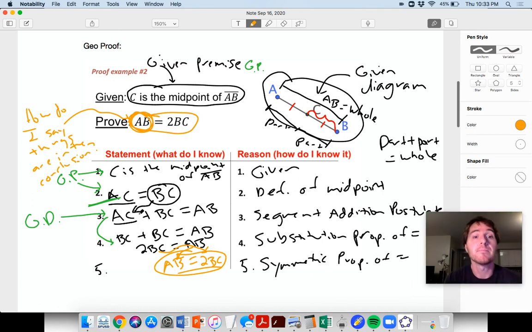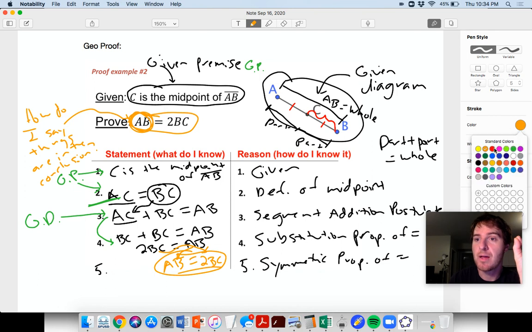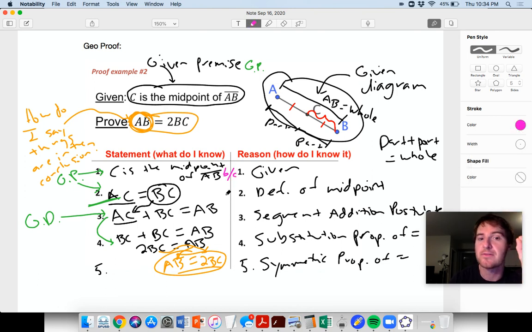But also from our given diagram, we know that AC plus BC equals AB, part plus part equals whole, and the justification we give for this is the segment addition postulate. So remember, we can think of our statements as being kind of because, right? C is the midpoint of AB because it's a given premise.